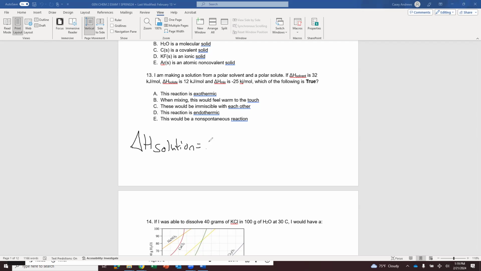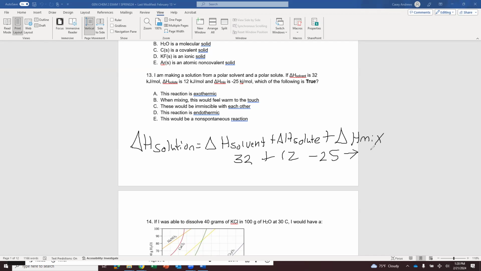We think about how much heat I need to separate the solvent, plus how much heat I need to separate the solute molecules from each other, and how much energy is released when I mix them. So solvent is 32, solute is 12, mix is minus 25.